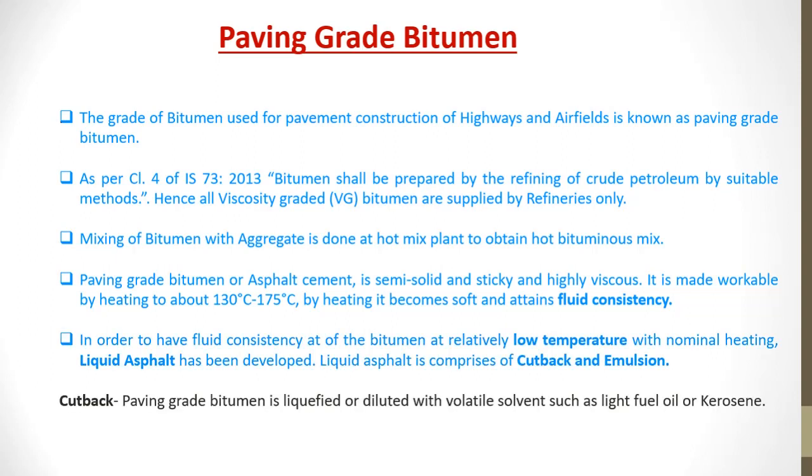Cutback is a paving grade bitumen which is liquefied or diluted with a volatile solvent such as light fuel oil or kerosene. Basically, we take the paving grade bitumen, dilute it with kerosene and oil, and make it liquid at normal temperature. So this is basically cutback. And emulsion is a mixture of bitumen and water in the form of a suspension.